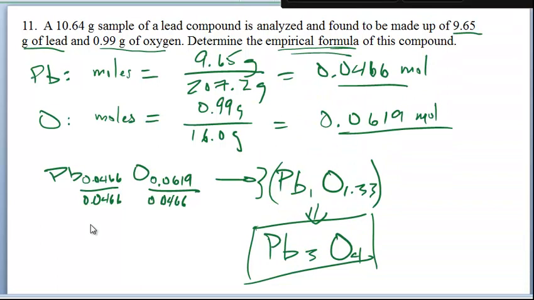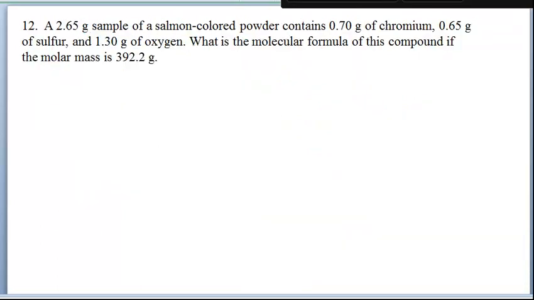Okay, just checking my time. All right, one more problem to go. Let's take a look. You got a 2.65 gram sample of a salmon colored powder, and it contains 0.7 grams of chromium, 0.65 of sulfur, 1.3 grams of oxygen. What's the molecular formula of this compound if the molar mass is this? Okay, so this one we can take all the way to a molecular formula.